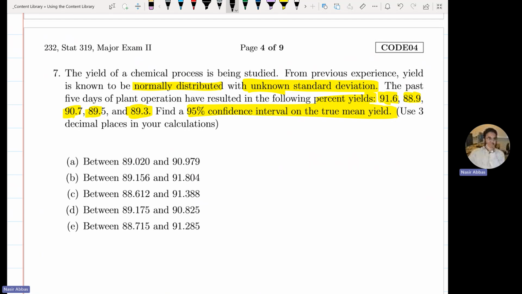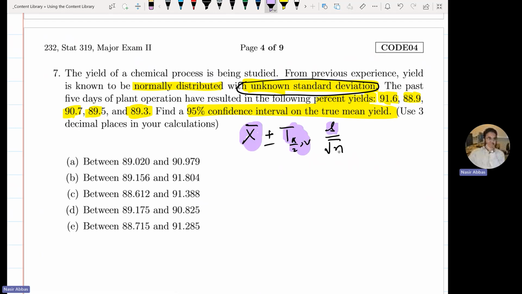So a 95% confidence interval for mu when sigma is unknown, it is equal to what? So you need to find these quantities from the question, all of them, 4 of them.